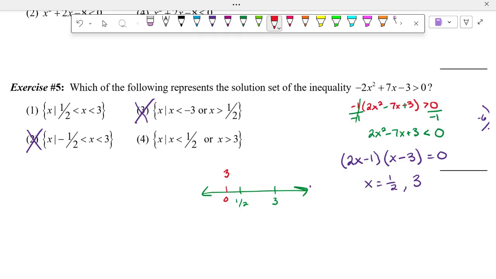All right. What about 1 in the middle? So I'm going to say 1 for this. If I plug in 1, is it going to give us a number less than or greater than 0? It's probably going to be less than. So 2 times 1 is 2 minus 7. That's -5 plus 3, -2.